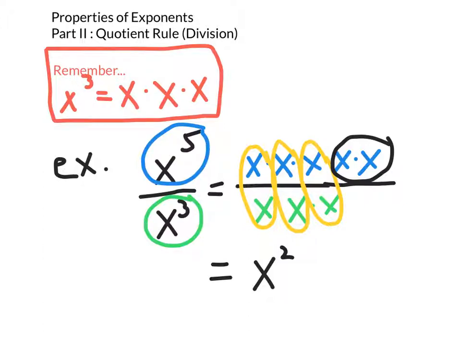And so this can be written in a general form. If, for example, I have x to the a, and I divide that all by x to the b, then we can simply write this as x to the a minus b.